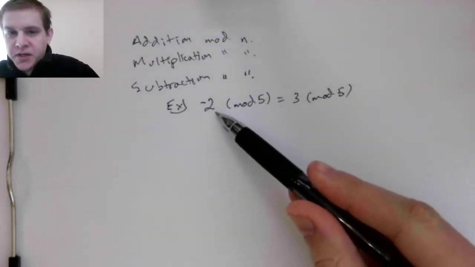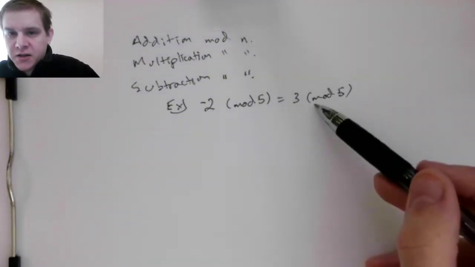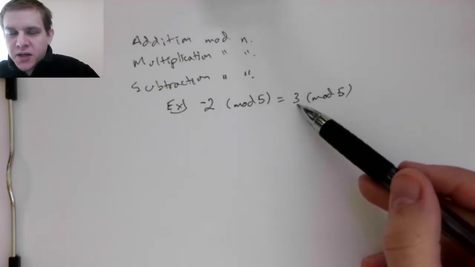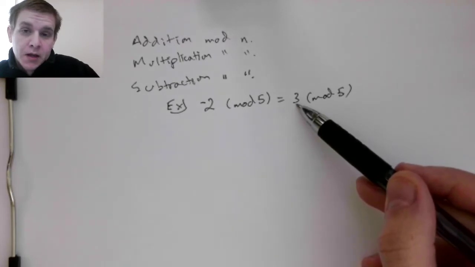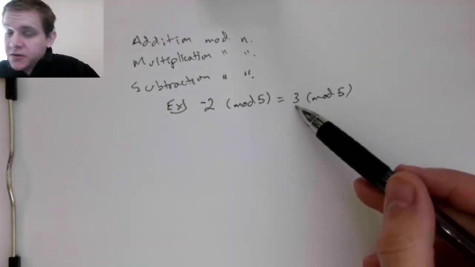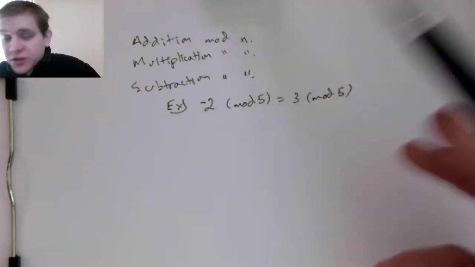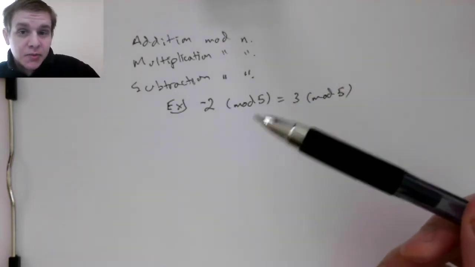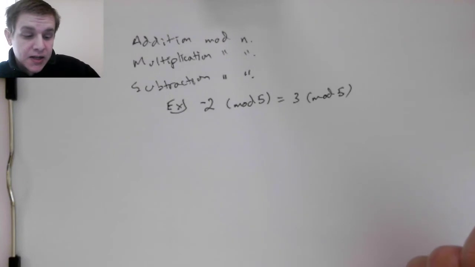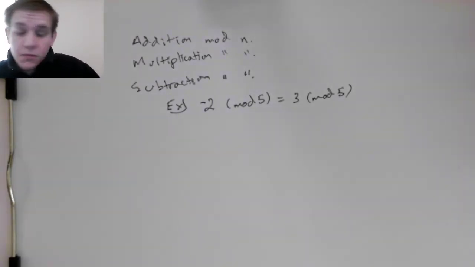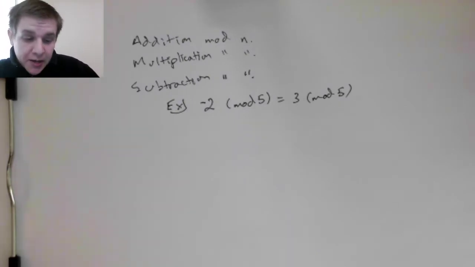So if I start from minus 2 and I add 5, I get to 3, and 3 is the unique representative between 0 and 5, not including 5. It's usually ideal to express numbers this way, even though you can choose any integer in the equivalence class to represent the number in the congruence class. So in this sense, subtraction makes sense, and so does taking opposites.